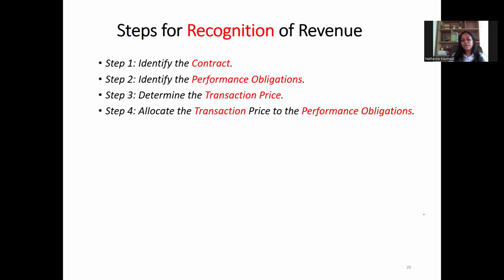So identify the contract, identify the performance obligations, and then determine the transaction price. And after that, you allocate the transaction price to the performance obligations if there are multiple performance obligations. This is what the standard says. And I always tell you, if you are doing audits, you need to be thorough with accounting standards.